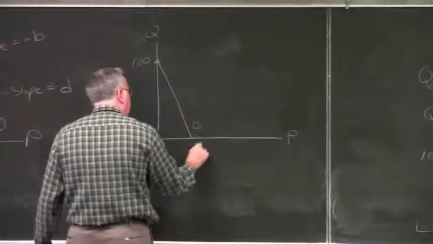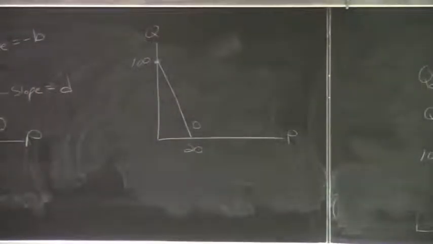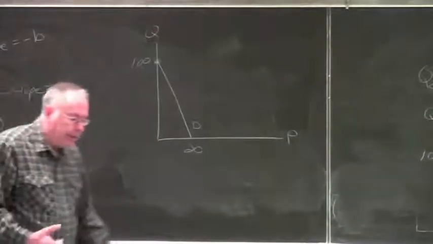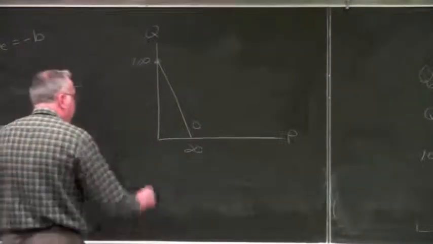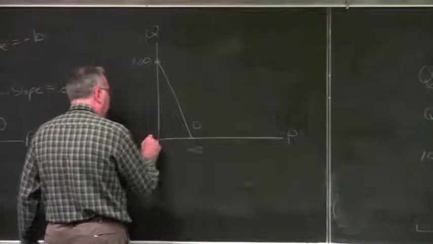Yeah, at 20. Notice if the price gets up to 20, quantity demanded is actually 0. So we could say 20 is the choke price. It's a price so high, it makes quantity demanded 0. So that would be this horizontal intercept right here.